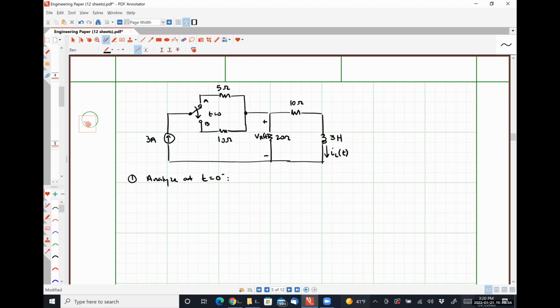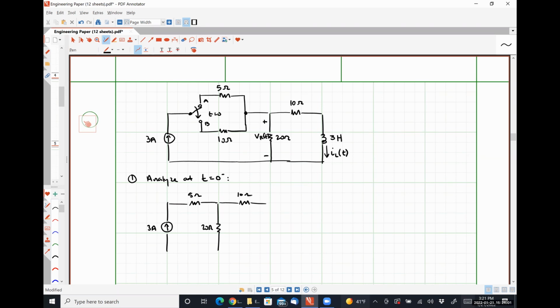I'm not even going to bother drawing it. So at t equal to 0 minus, our circuit has a 3 amp source, a 5 ohm resistor, a 20 ohm resistor, and a 10 ohm resistor.